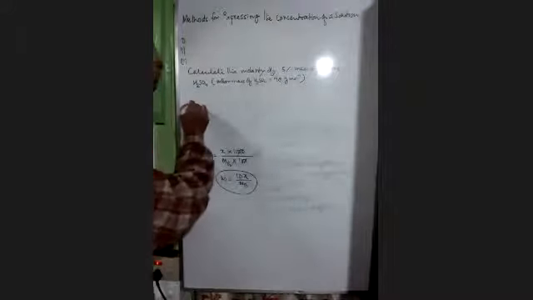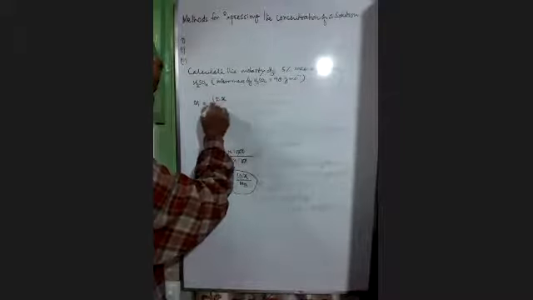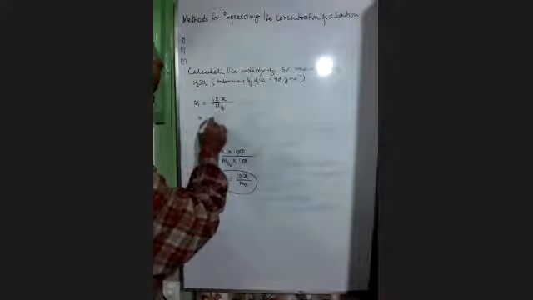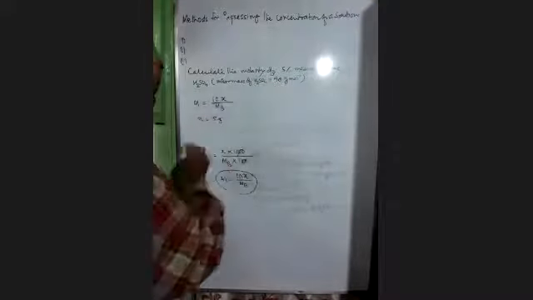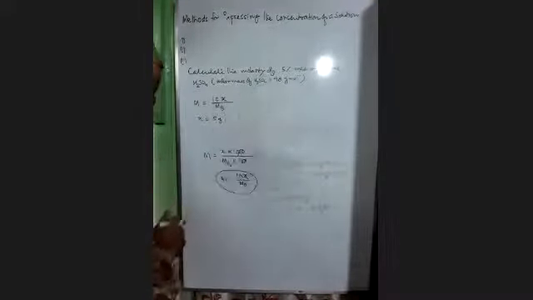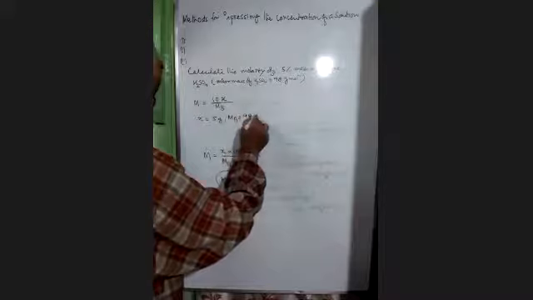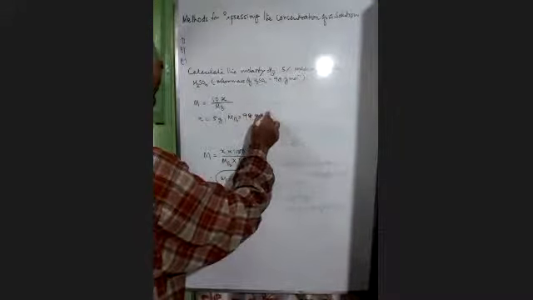All right. Now what is M now? See here. M is equal to 10X by MB. So what is X? 5 gram. And what is MB? 98 gram mole inverse.